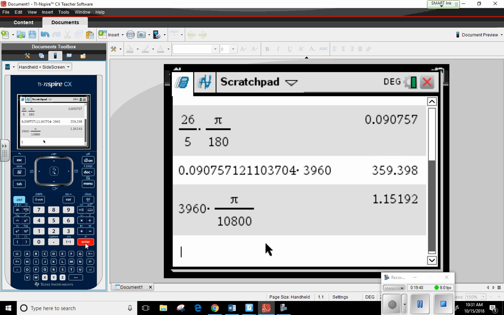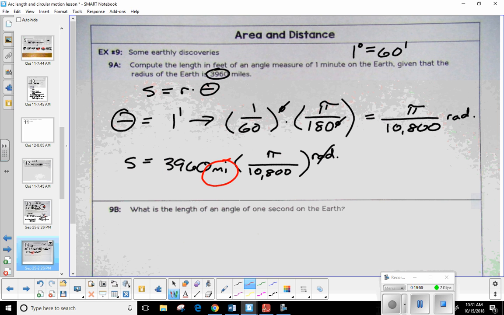Okay. Now, hold on a second. I said that my answer was like in the 6,000s. What is this? Remember, this is in miles. The problem wanted feet. Okay, so did everybody get at least the 1.2?